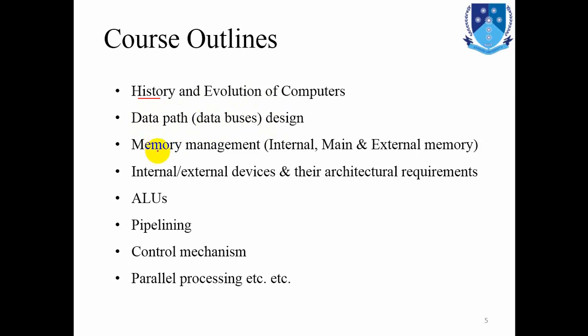After that, the memory management or the memory system used in our computer systems will be discussed in detail, which can be classified into three different types, that is the internal memory, the main memory, and the external memories.